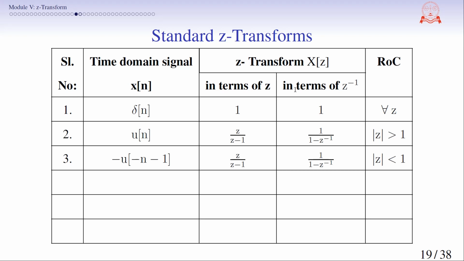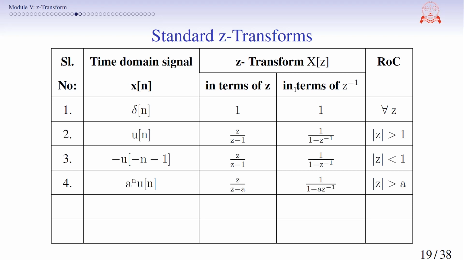And for u of minus n minus 1, the region of convergence is mod Z less than 1, and the Z transform is same as that of u of n, that is Z upon Z minus 1 or 1 upon 1 minus Z raised to minus 1.